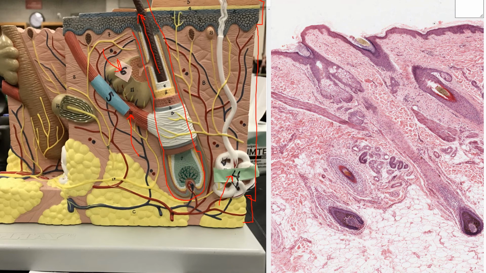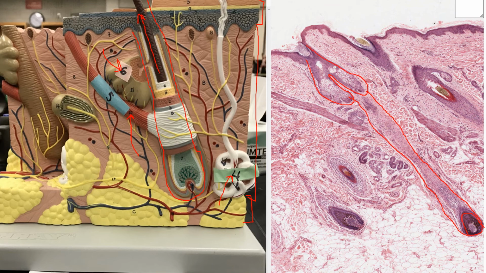gland. Now on the right side of the slide is a section of someone's scalp that's been put under the microscope. And what I hope you can see is that this is a hair follicle. You can see the root and everything down here. Attached to the follicle, here's a sebaceous gland.